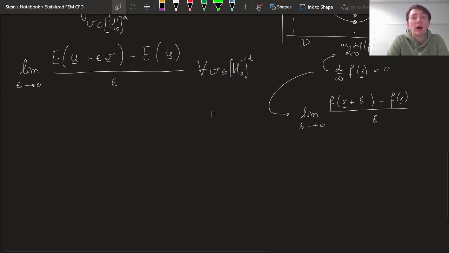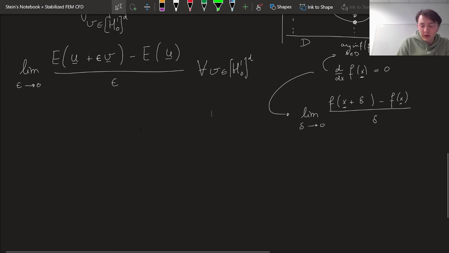Other names for these are the Gateau derivative or the functional derivative. And I think the functional derivative fits the bill best because we're taking the derivative of a functional. I also think that functional derivative is slightly more general than just the Gateau derivative. I think formally this might be specifically the Gateau derivative, although I'm not 100% sure.